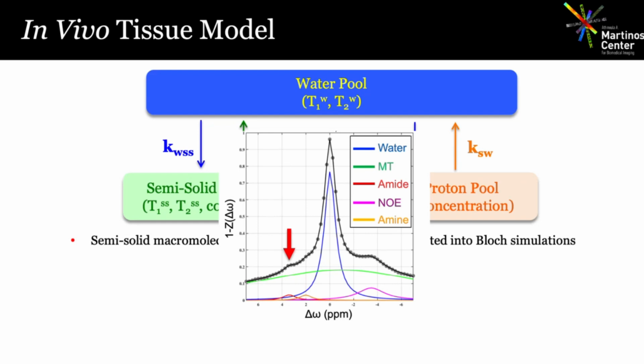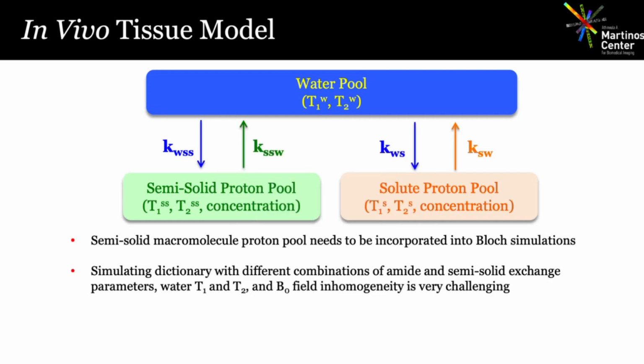So now we have to simulate an MT pool as well as our amide pool. And again, your dictionary kind of explodes exponentially with the number of parameters you're trying to match. So it becomes very challenging, and your accuracy is again going to be limited by the resolution with which you can simulate all these different parameters.